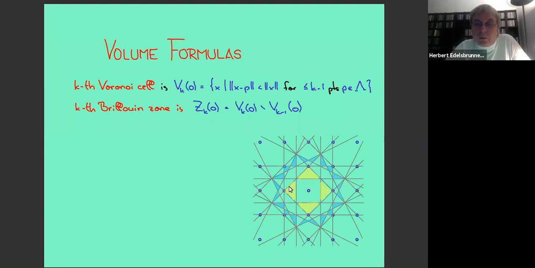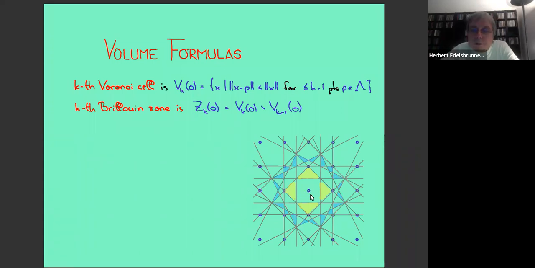So the yellow stuff is what the Voronoi cell is, a square around the middle point. If I add the yellow triangles, I get the second Voronoi cell. It happens to be convex. It's a coincidence. If I add the cells which are neighboring to those yellow cells, I get the third one, and so on and so forth.